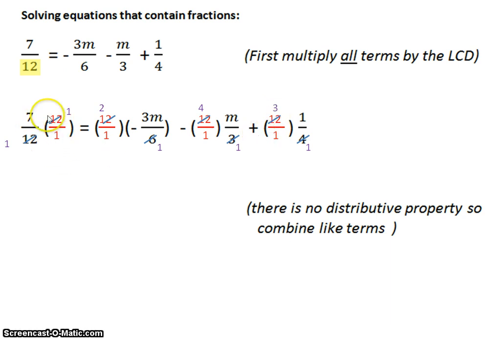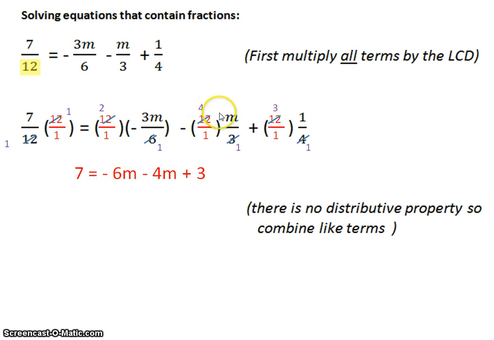So I'm going to start to simplify the left-hand side. 7 times 1 is 7 over 1. The left-hand side will be 7. When I multiply these terms, I have 2 times 3m, which would be 6m, but remember, I'm subtracting, so I am going to subtract 6m, or negative 6m.